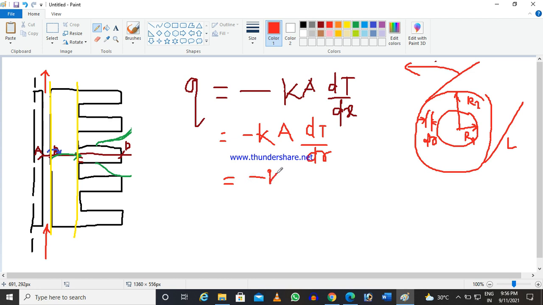So minus K, the thermal conductivity, 2 pi R L dT by dr.